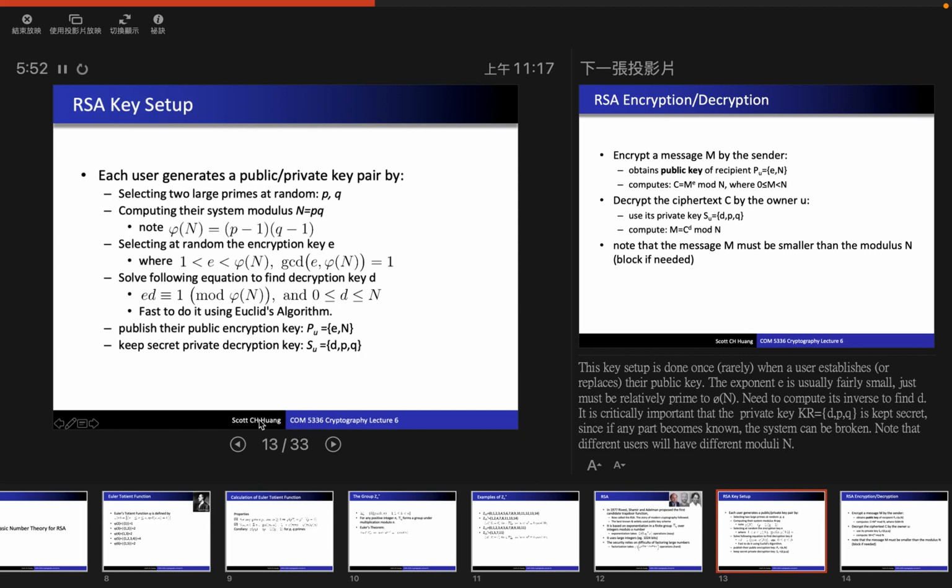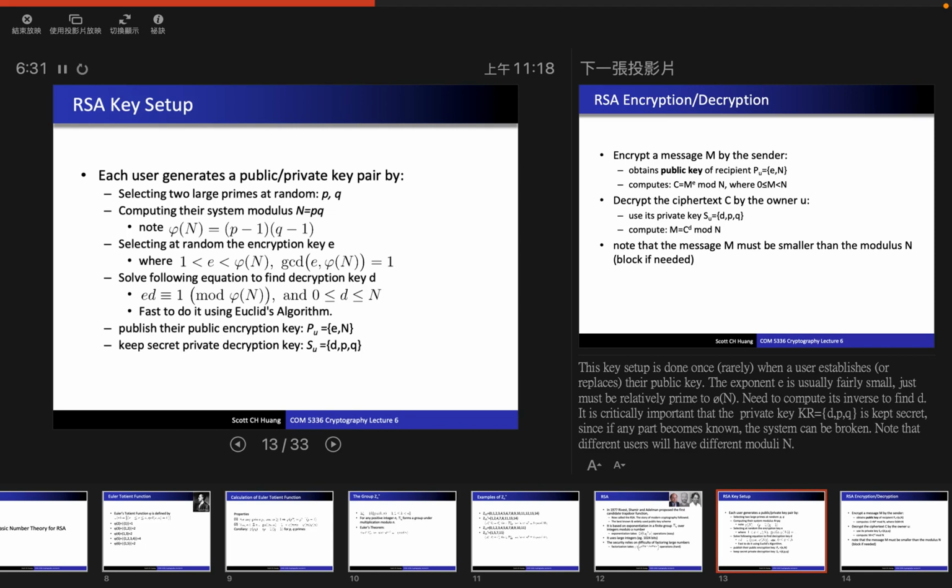Now, the public key is E. And n is regarded as part of the public key as well because everybody knows n. The private key is P and Q, and also D. Actually, if you know P and Q, it's easy to calculate D. So for a party in the RSA cryptosystem, you randomly pick E and then you calculate D according to your private key.